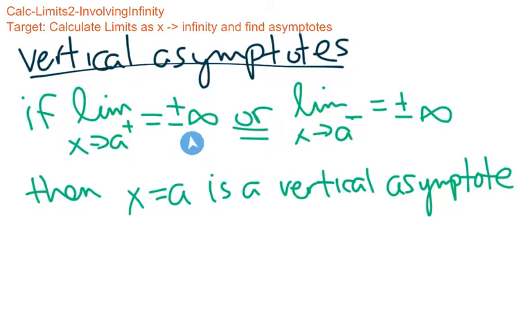It's infinity or negative infinity. So if for some value of a, the one-sided limit is infinite, then x equals a is a vertical asymptote. Okay, so that's the formal definition.